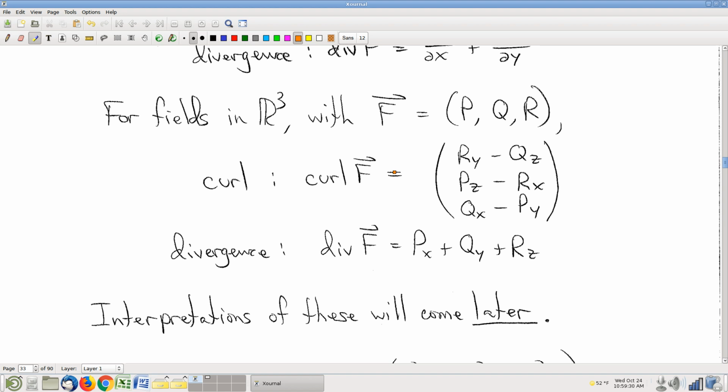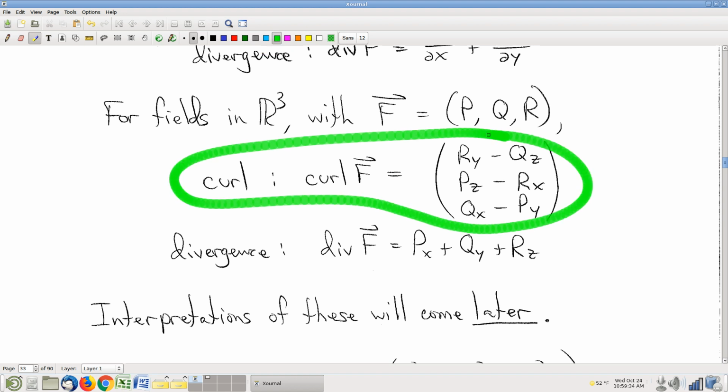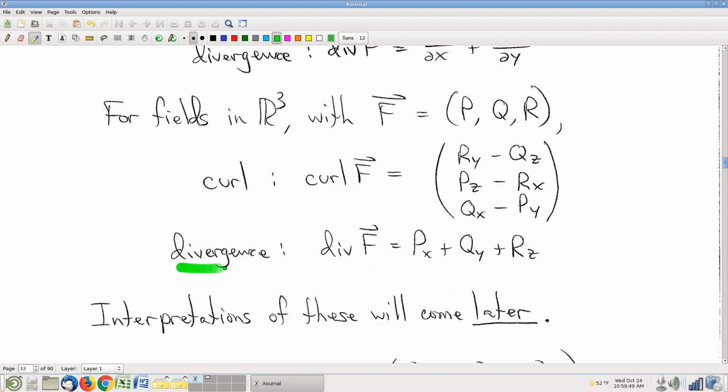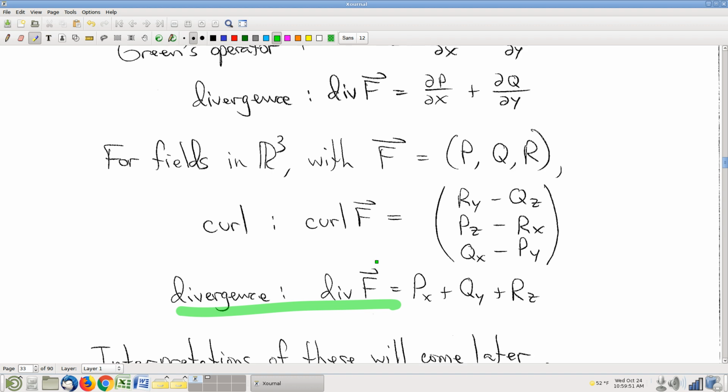Here are a couple of objects that end up being interesting. This thing called the curl of the vector field is computed by that kind of weird formula. Again, context later. This thing called the divergence, oh, there's that word again, looks just like that divergence. The divergence of a vector field is computed by that formula.